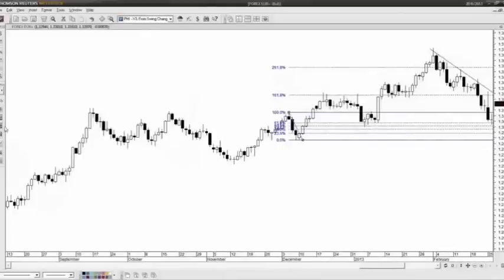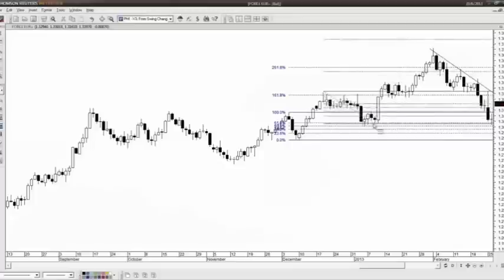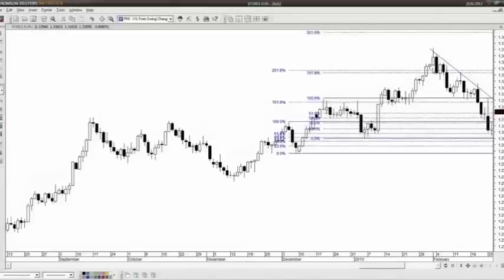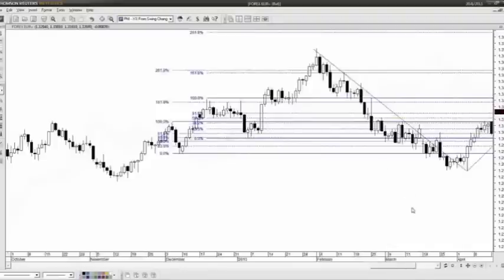Yes, and we can also draw this Fibonacci. You see, I'm putting the Fibonaccis on all the swings. So you see, it was telling us that around the 135, 35 and a half, we had a very strong resistance. It overshot it a bit, but then it came all the way down.